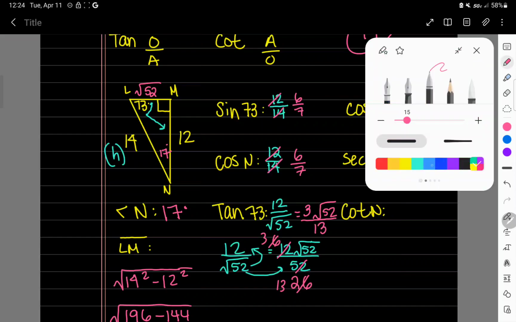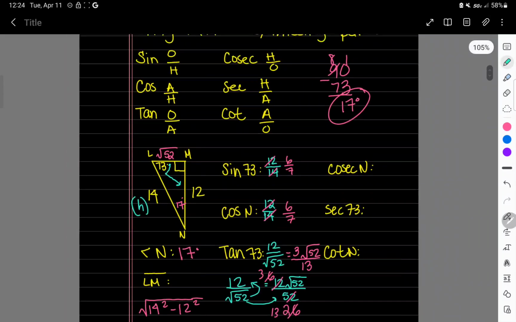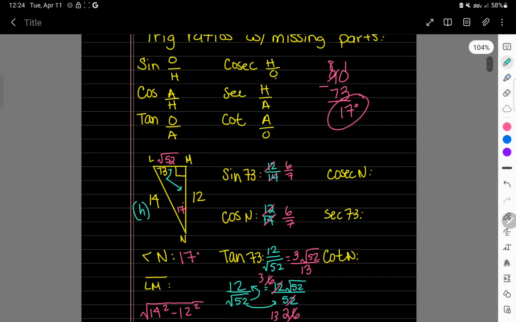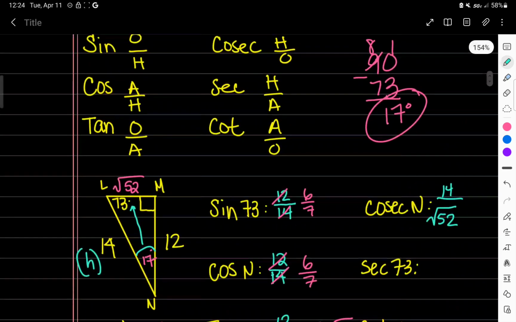And then cosecant of n. Cosecant is h over o. So hypotenuse is 14 over opposite for angle n, which is 17. Opposite would be square root of 52. So we're going to do the same thing that we just did with the tangent of 73, but with 14.